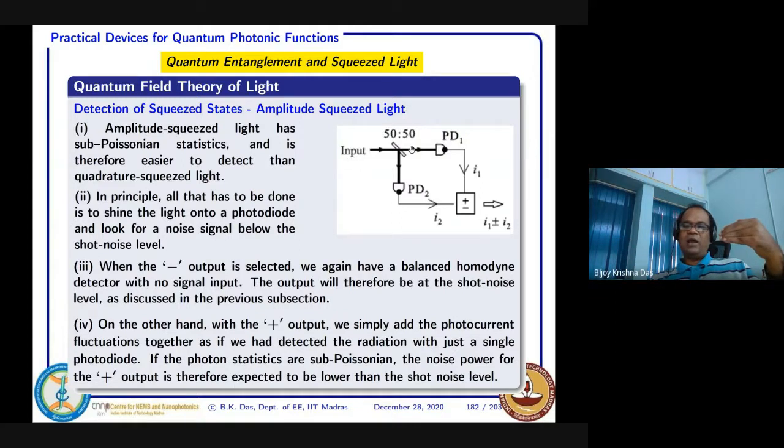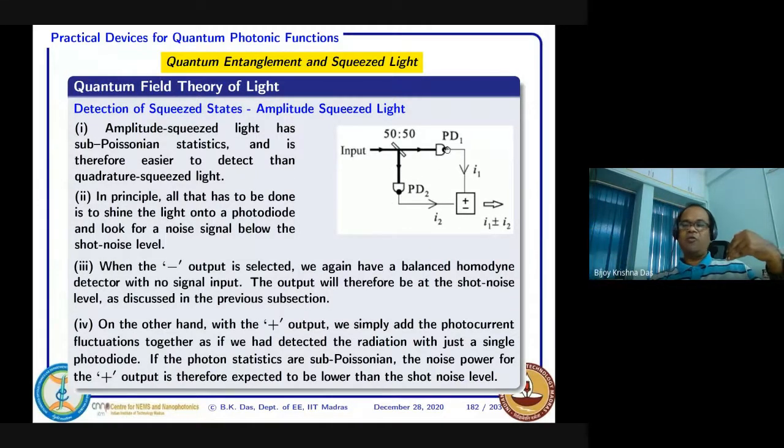So suppose I have some laser source and I am measuring I1 minus I2. What I am doing is, when your light is divided into two, you are detecting separately. Even though it is amplitude squeezed, you are dividing it with a beam splitter, then this photodetector will create some kind of shot noise, and this photodetector will also create some kind of shot noise, and they are not correlated.